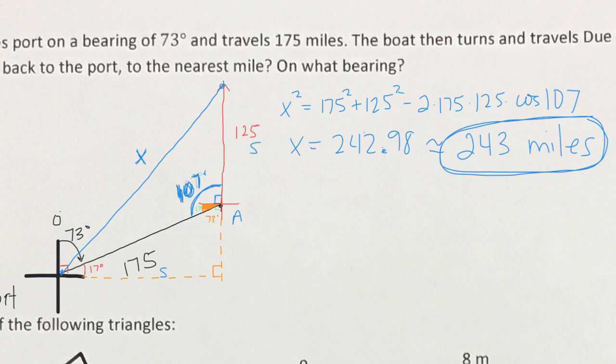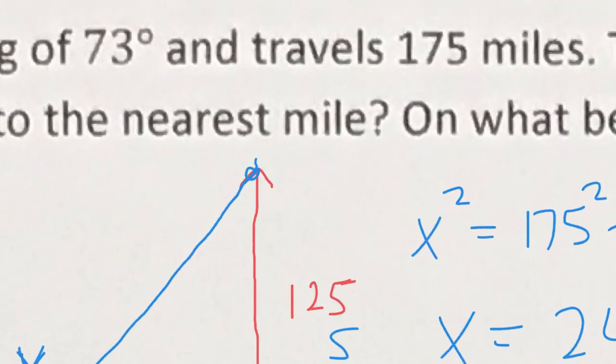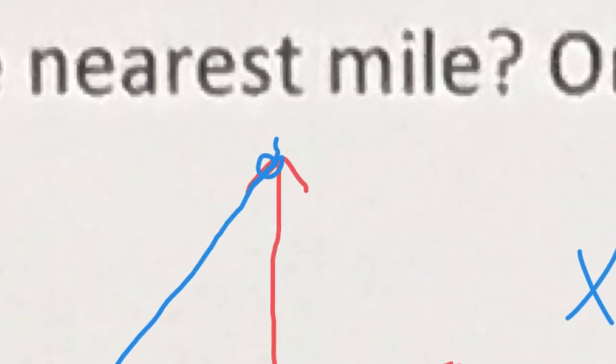So now comes the hard question. On what bearing must we turn in order to get back to our starting point? So let's talk about bearings real quick. Let me zoom in here on where we're going to be, right? So this is the angle we're talking about. If you put in your compass, right, your compass point is right here. There's north, south, west, and east.